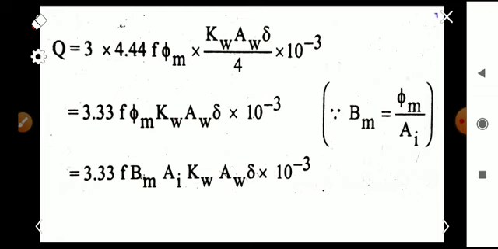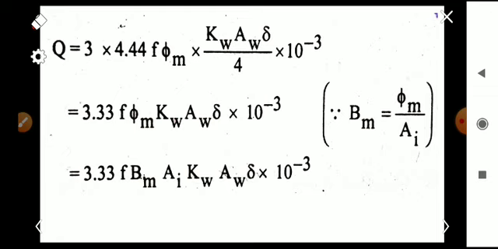So the last equation, that is the output equation Q. The output equation of a three-phase transformer Q will be equal to 3.33 f Bm into Ai into KW AW delta into 10 raised to minus 3.